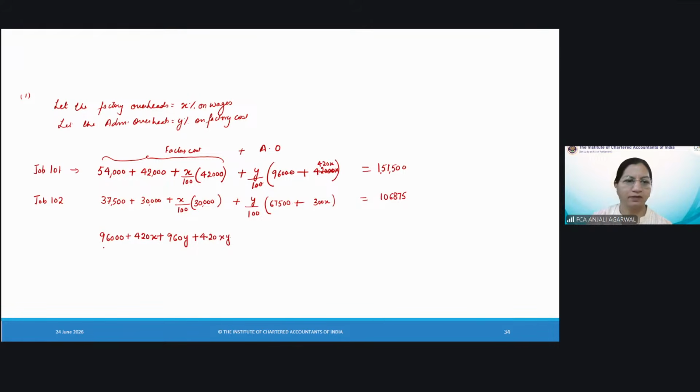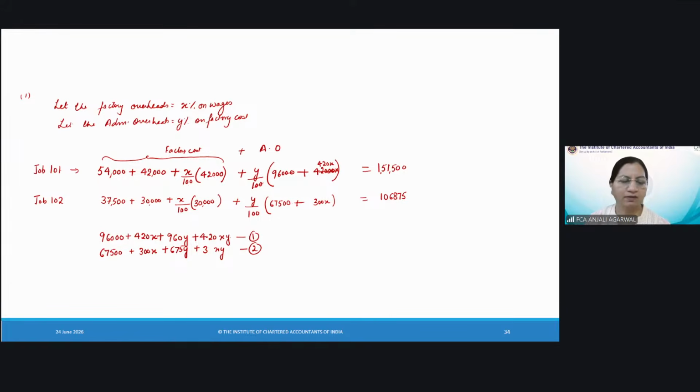Here you will get 67,500 plus 300x plus 675y and plus, once again, when you solve this, 3xy. This is your equation 1 and this is your equation 2. Two variables, two equations.